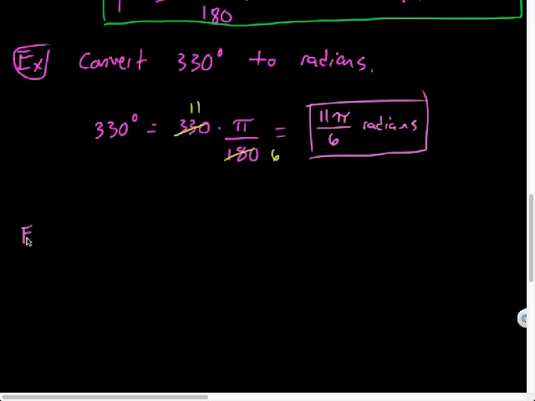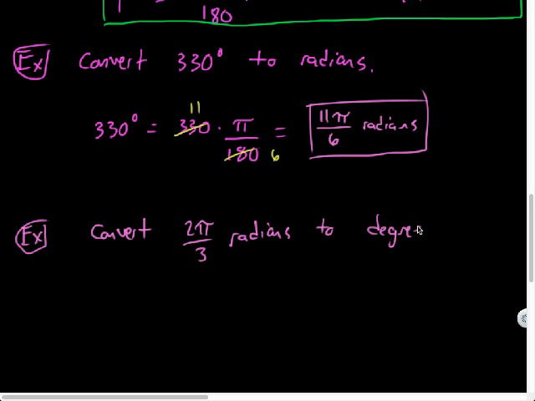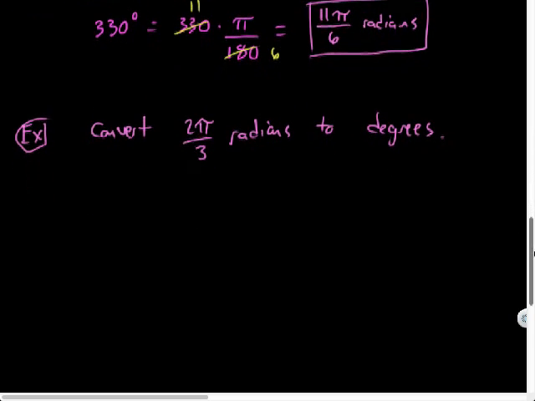Let's try converting the other way. Convert 2 pi over 3 radians to degrees. So let's consider this.